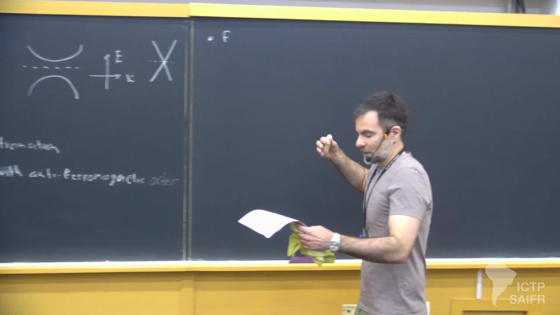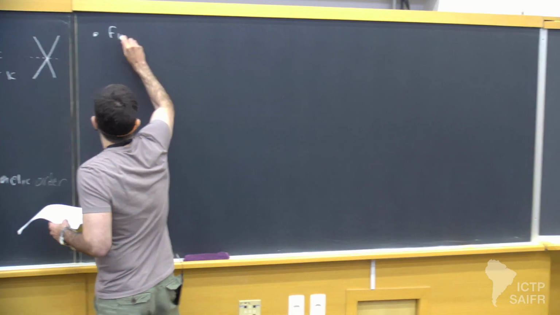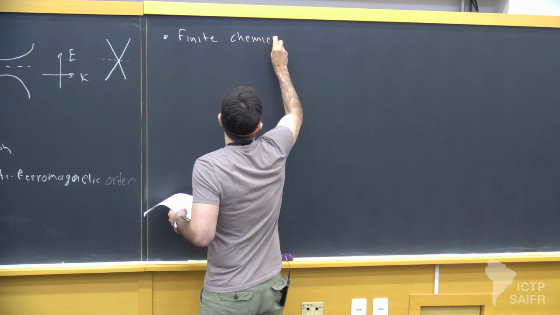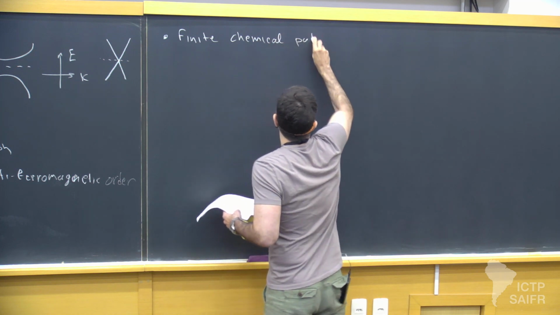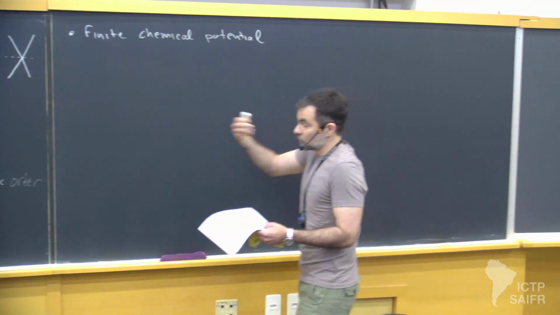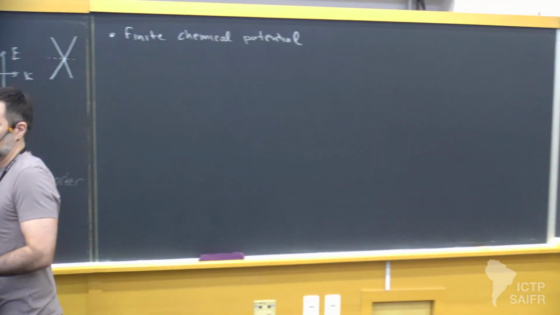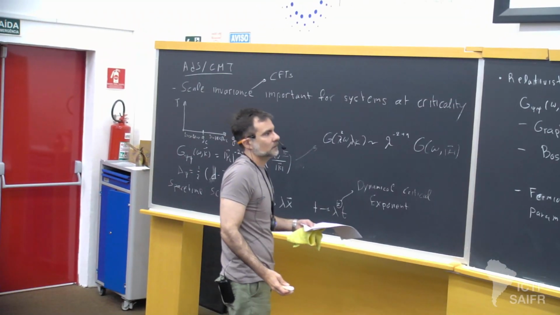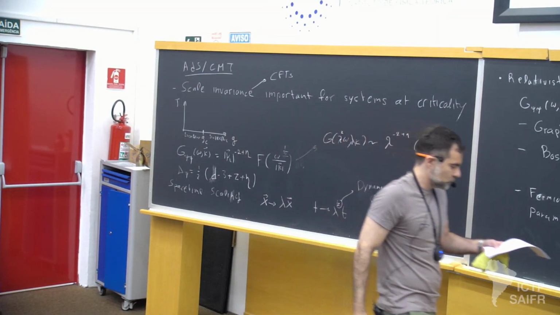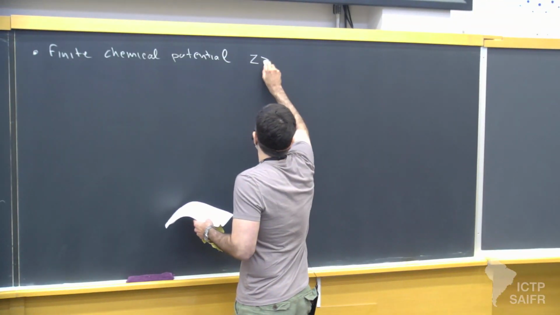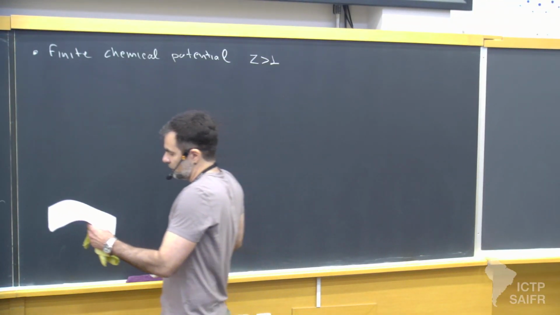So at finite chemical potential, because the chemical potential itself breaks Lorentz invariance, there is a chance that you will flow to something that doesn't have z equals 1. So z would be greater than 1.